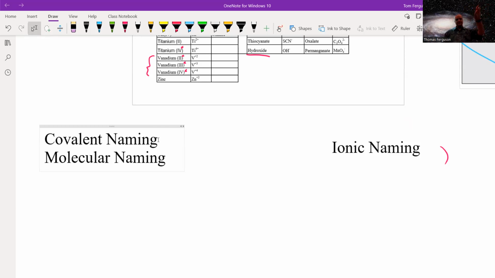You'll see them interchanged. All right. So you have to be able to identify your compound as, is this a molecular compound or is this an ionic compound? How do you tell?